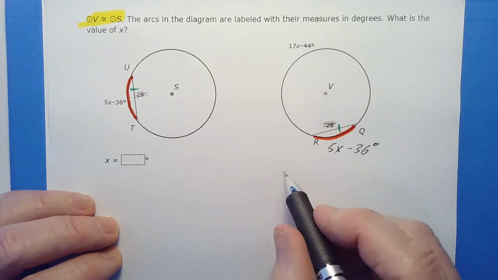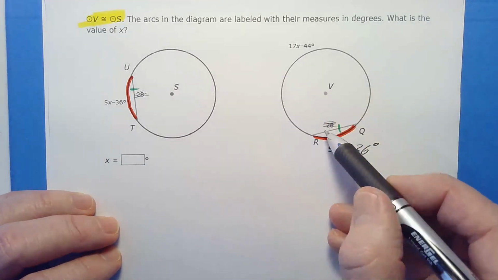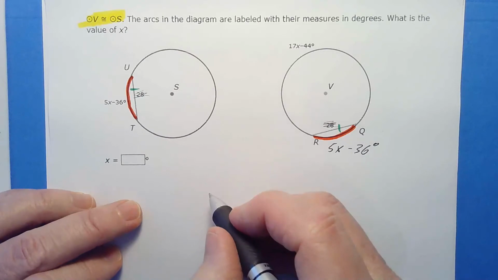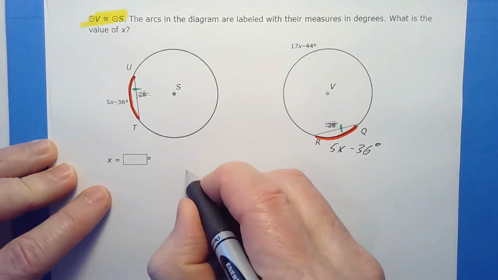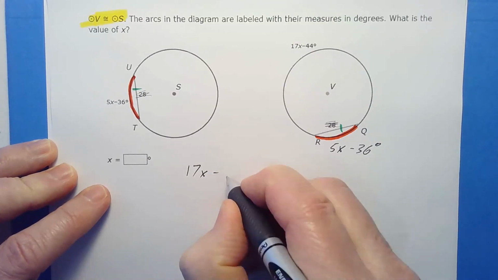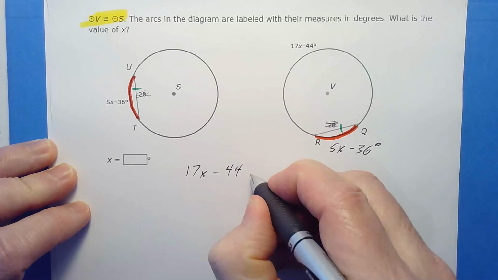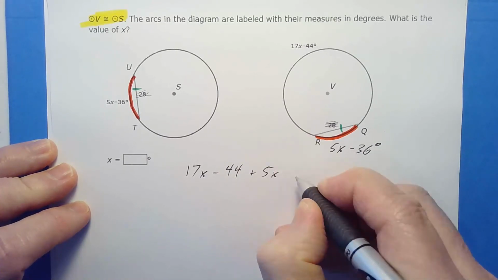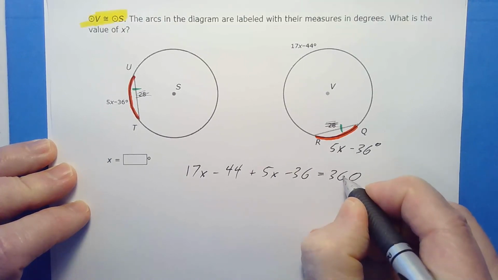What I am going to say is, if I add this minor arc plus this major arc, it's going to be 360. So my equation's a little more involved, but still straightforward. 17x minus 44 plus 5x minus 36 equals 360.